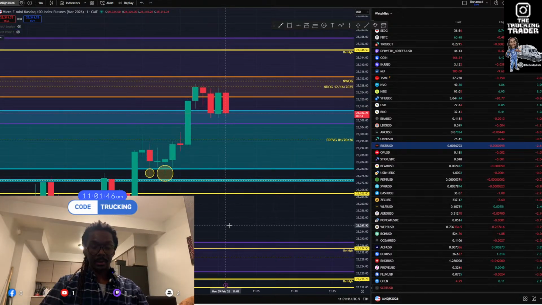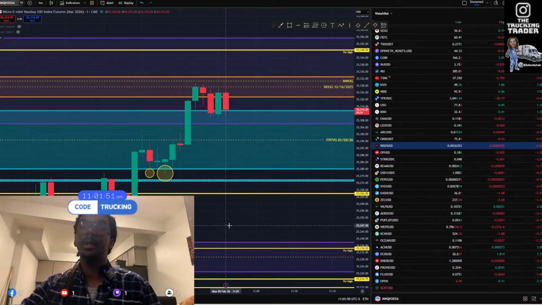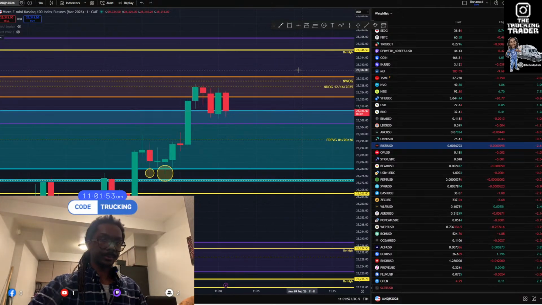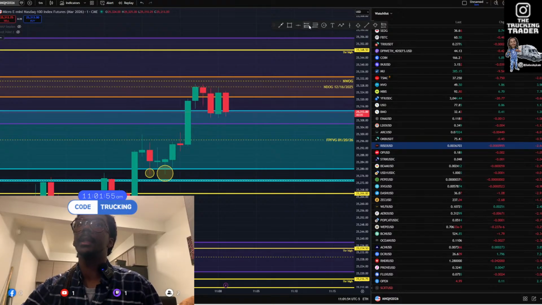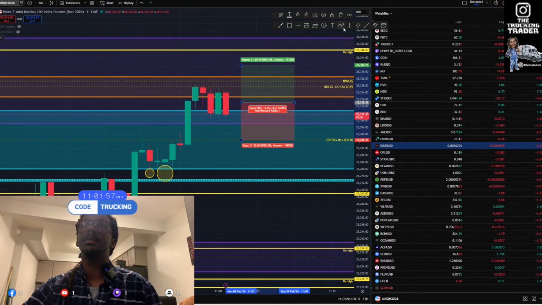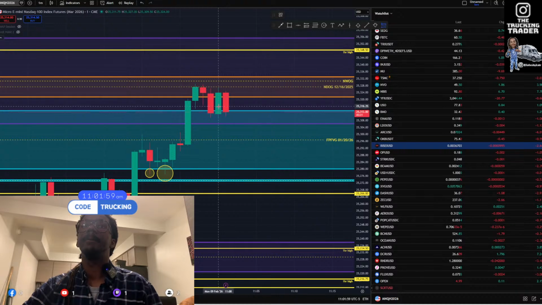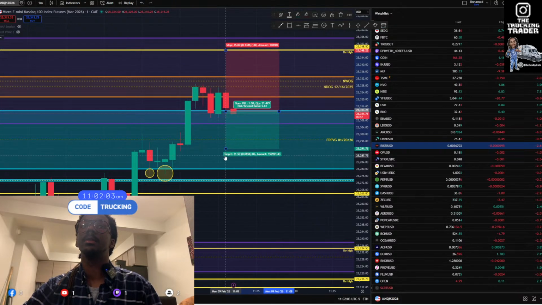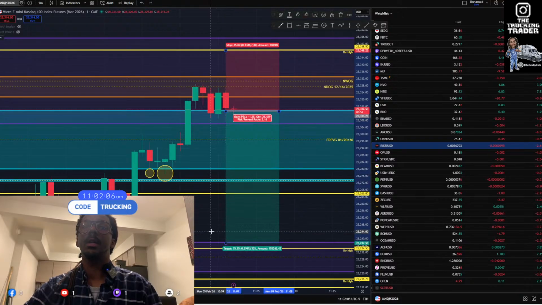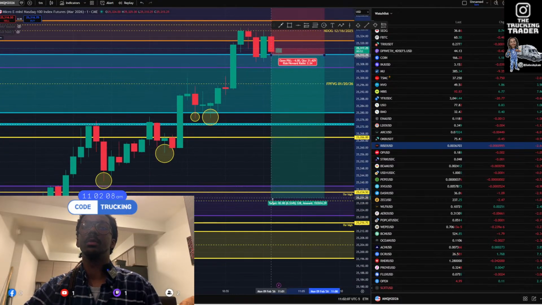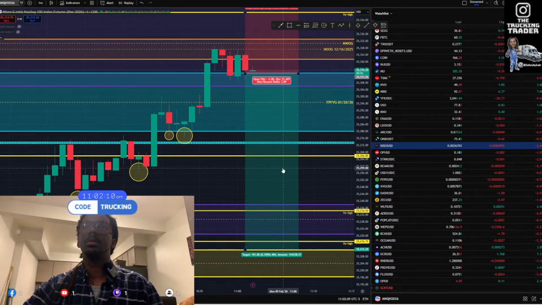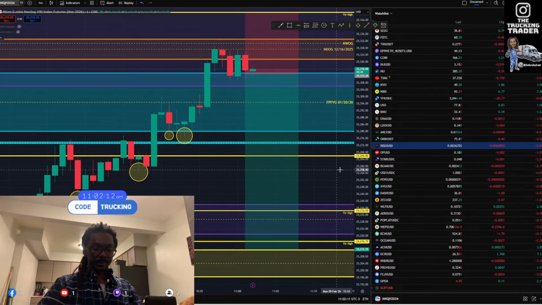So I'm probably just going to take a sell right now, honestly. All right. It's always better to wait for confirmation. But what I'm thinking is that I could possibly use this swing high as a stop loss and then target down here, right? So that's a 1 to 2, almost a 1 to 3, right?